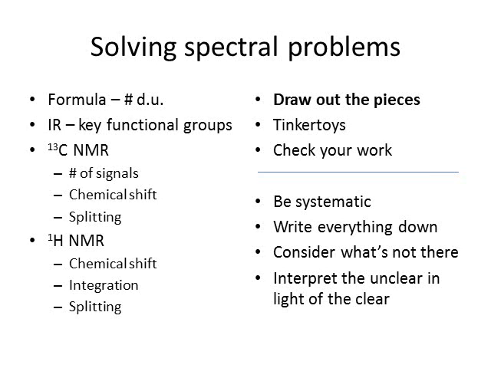Be cognizant both of what's there and what's not there. I might know from my IR that I do not have an OH, and that might help me put together the pieces. And finally, interpret the unclear in light of the clear. That is, start with the stuff that's obvious.